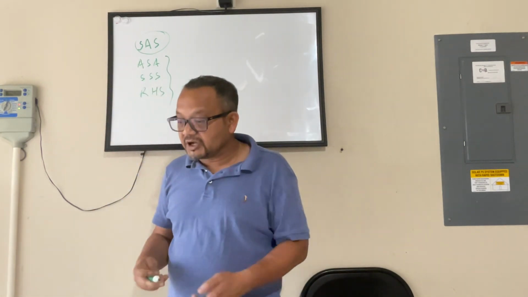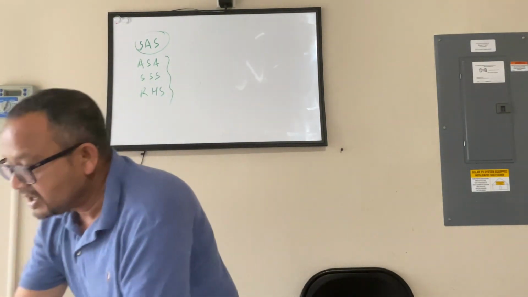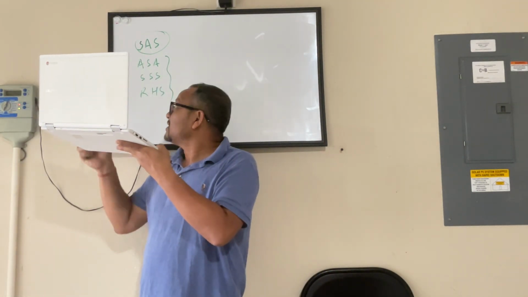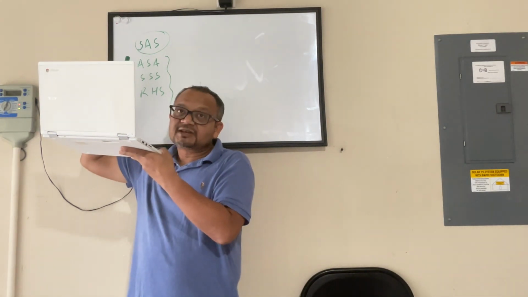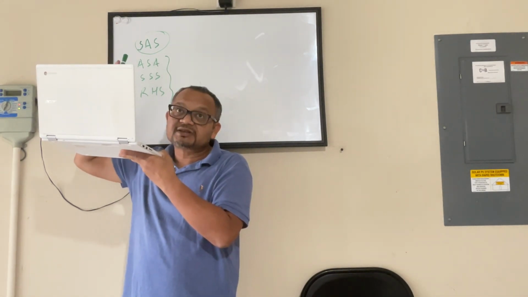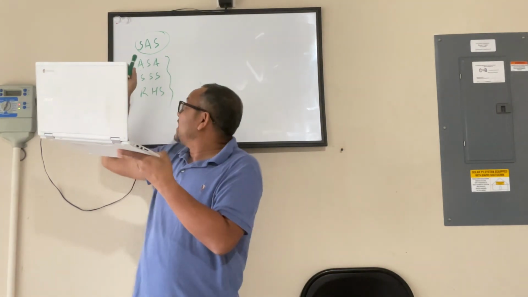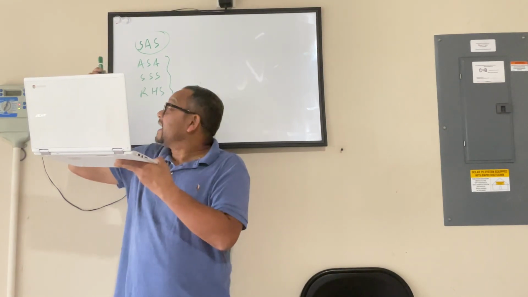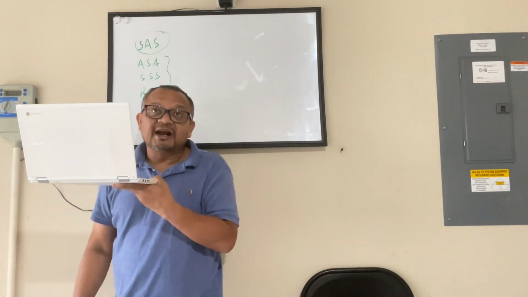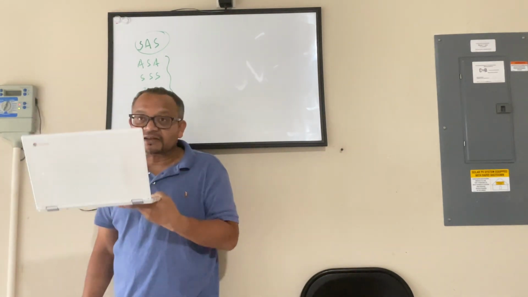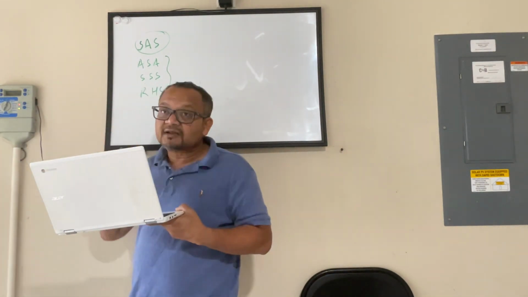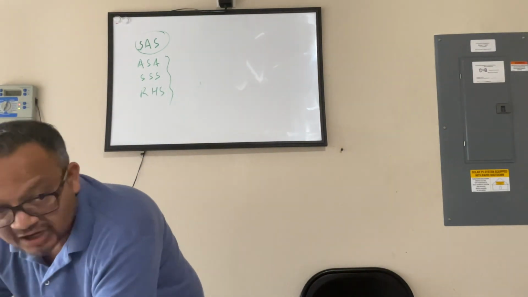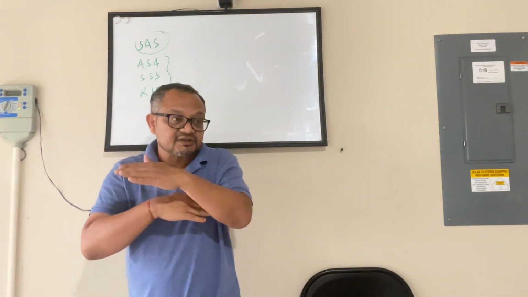I'm repeating that for you, Srivatsam, if you can see the screen. One is SAS, that is an axiom. S stands for side, A stands for angle. So when I say SAS is an axiom, it is a proven fact which says two triangles are congruent if two sides are the same and the angle between them is the same.